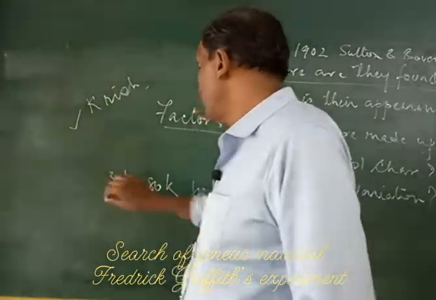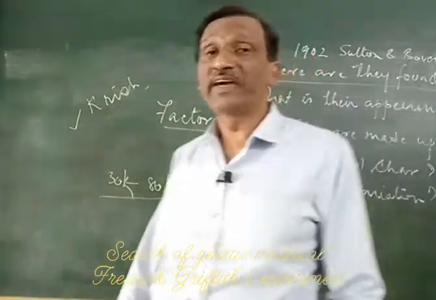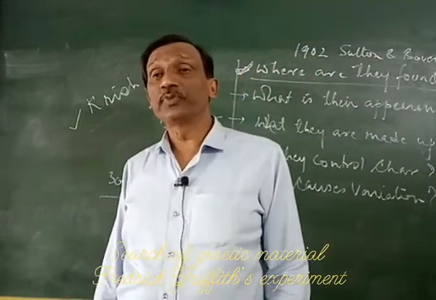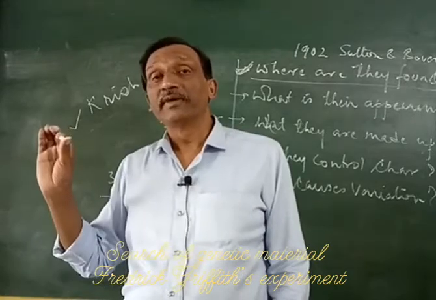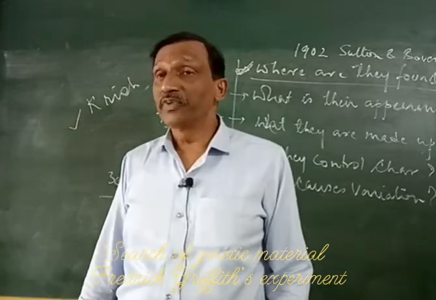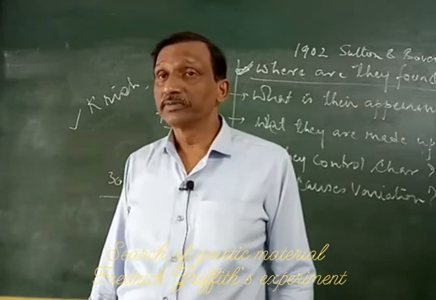So similarly, if in our body 30,000 to 80,000 factors are there, each factor should be controlled by a special molecule. Now we require such a large number of molecules.